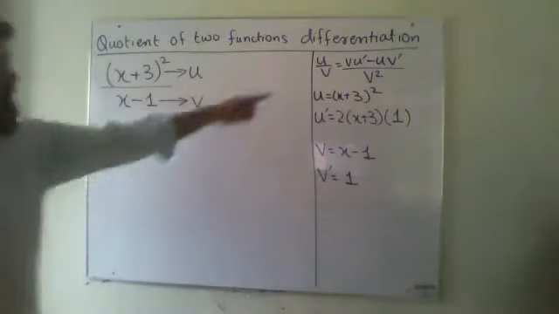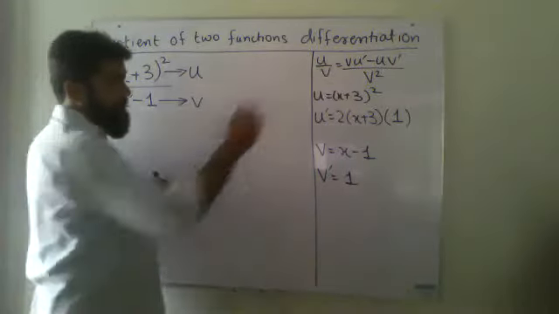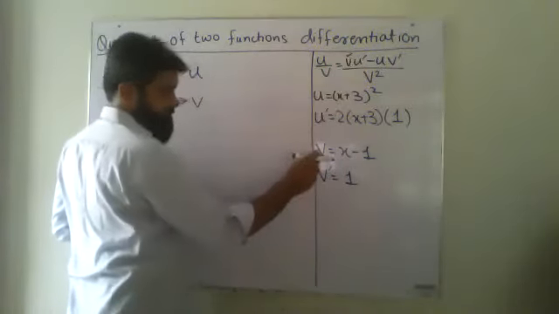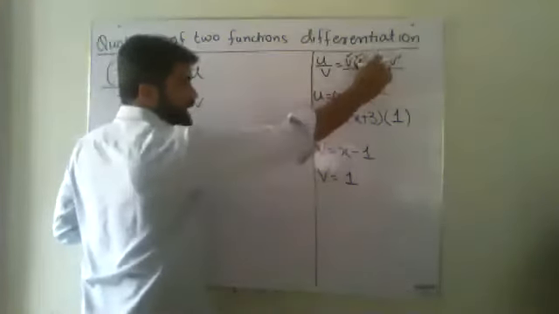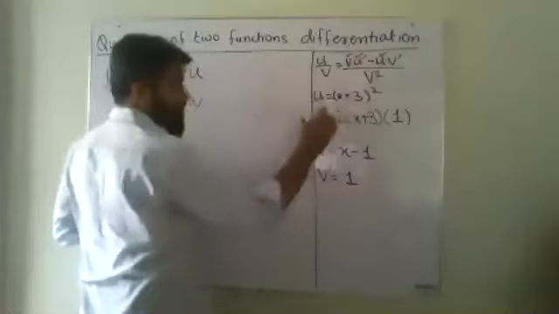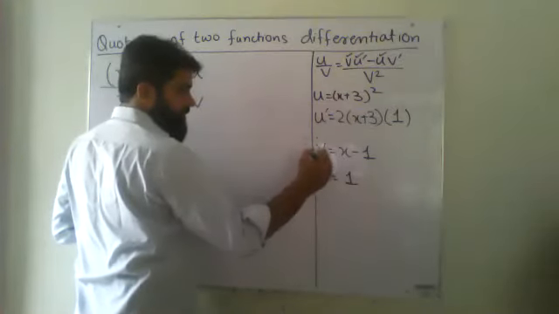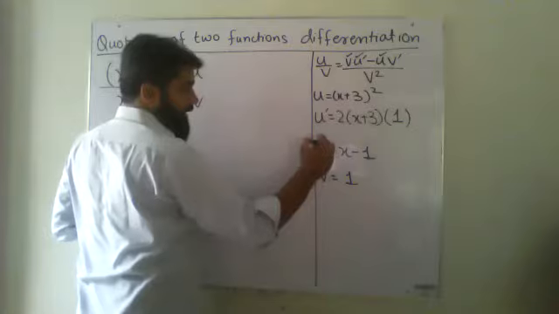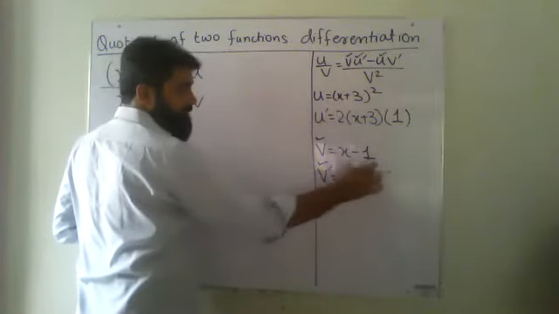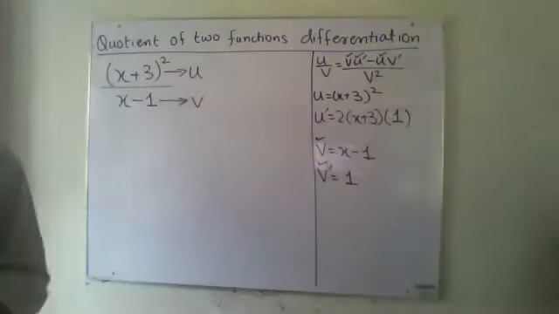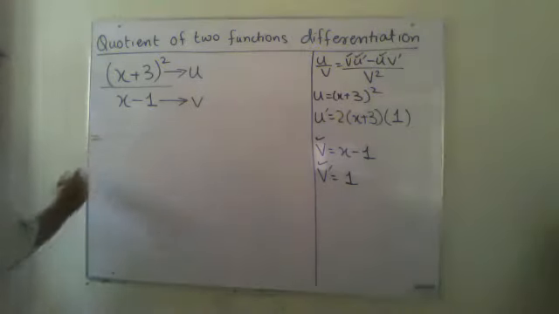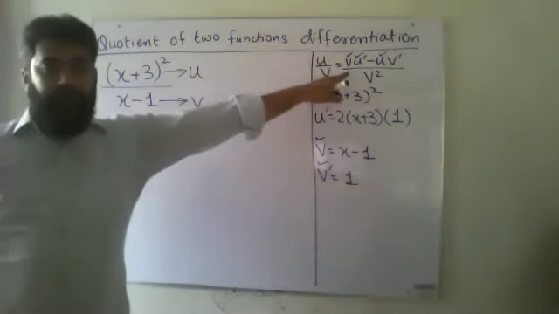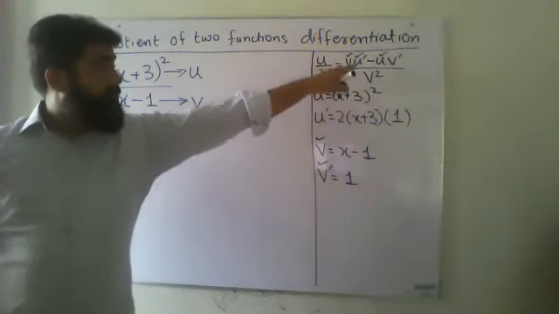So I have got u, I have got v, I have got u differential, and I have got v differential, and v square. So v is there, I will just square that and I will get my answer. Now applying the rule, what does the rule say? v times u differential.